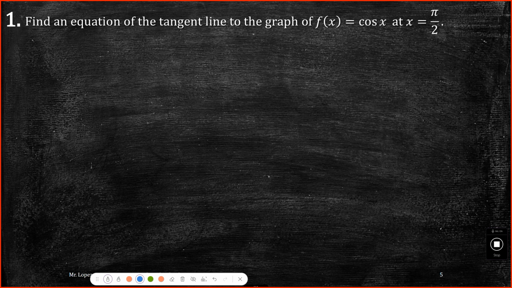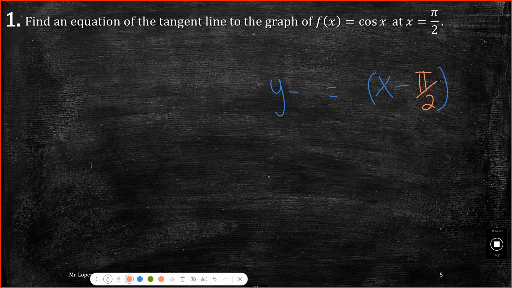So it's going to be y minus, x minus, so what do I plug in after x minus? Pi over 2. The y value was not given, so you have to evaluate that.